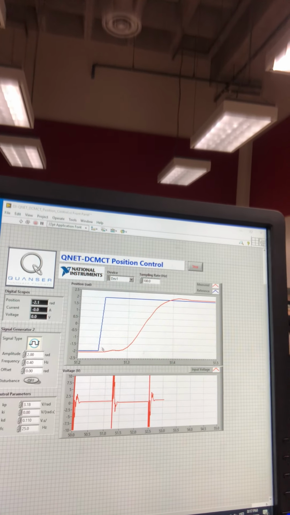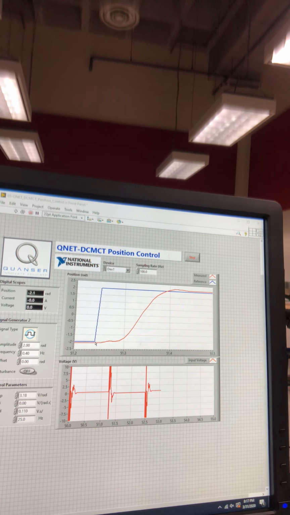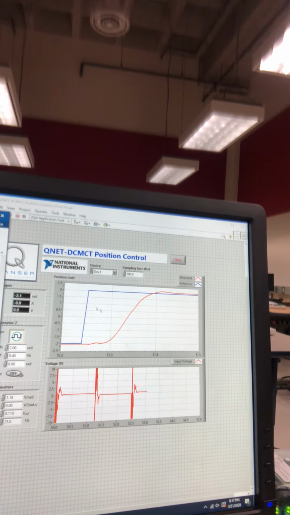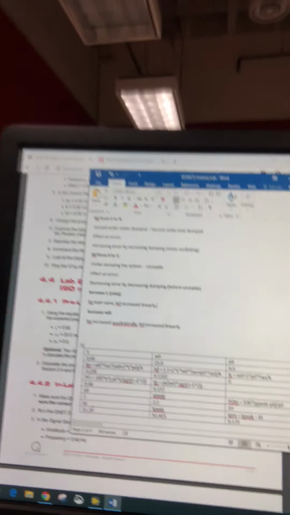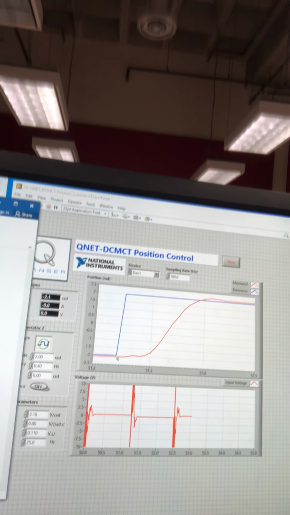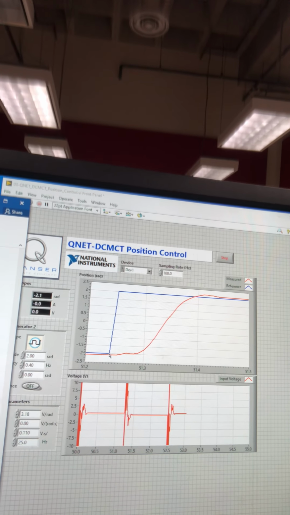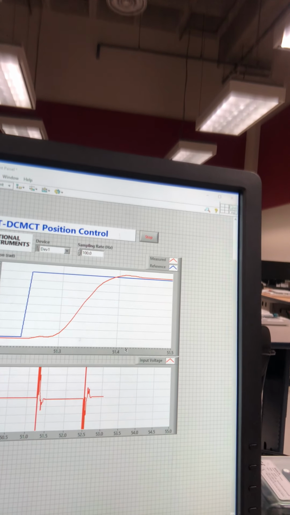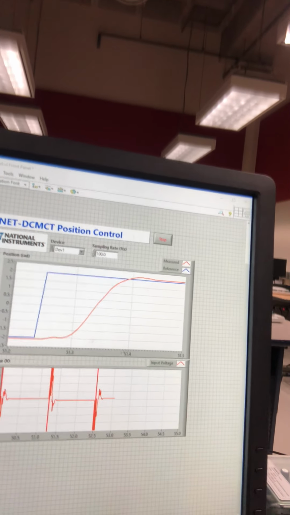So we can see the peak time, the T0 from here is this point. We measure it, we read its value, and the T peak is at this point, and we read its value.